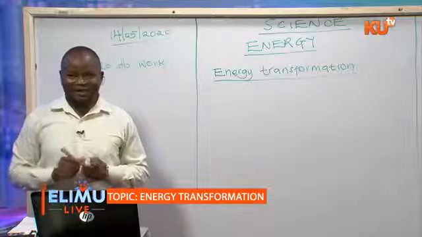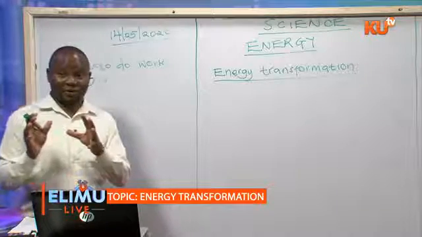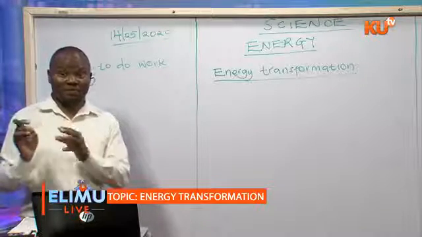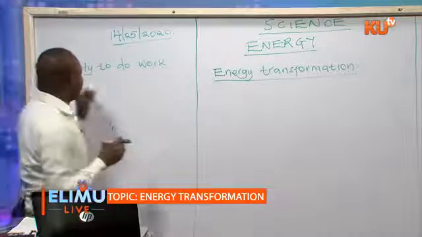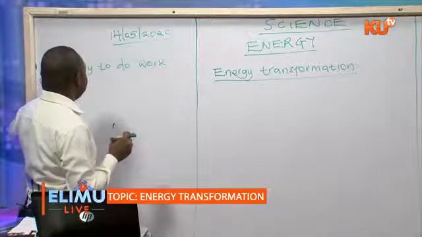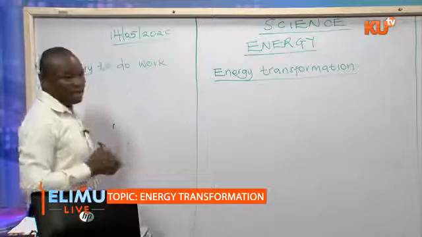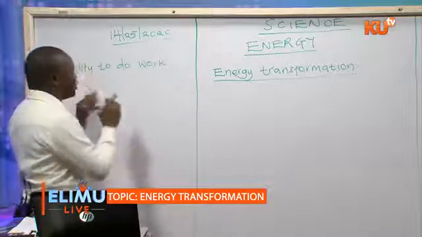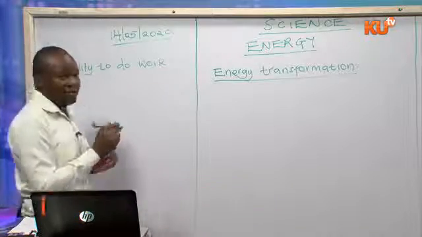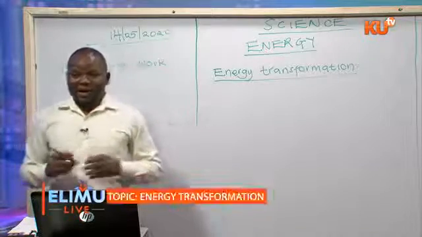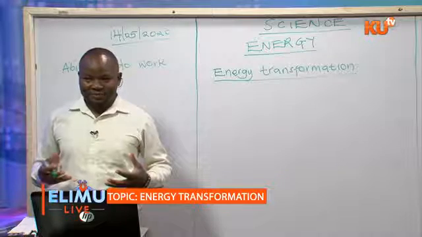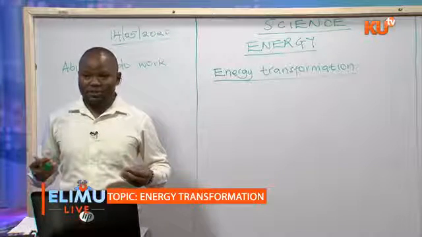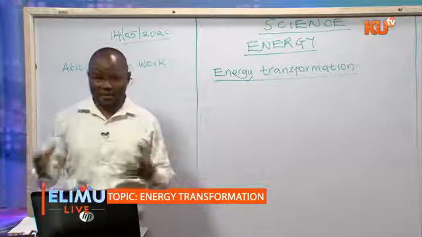There are so many definitions which, when you approach the examination, can confuse you. I'm saying energy is the ability to do work. That is the definition, not ability to work, ability to do work. Energy is what we use to perform our various duties.